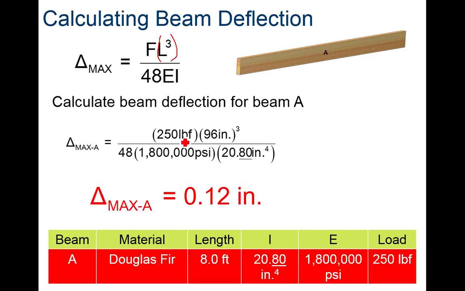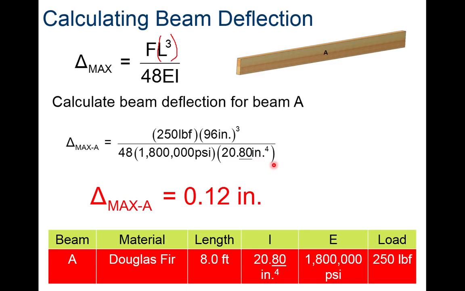So our weight, 250, in this case 96 inches cubed, and 48 E, that's our modulus of elasticity, and that would just be given. That has to be given in a chart. In our case, it's down here. And then this is our moment of inertia that we found earlier, way back in the beginning of the video.